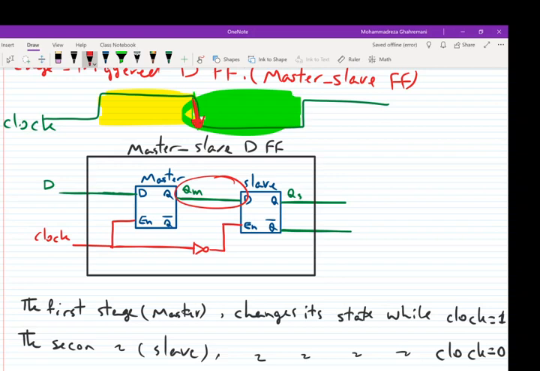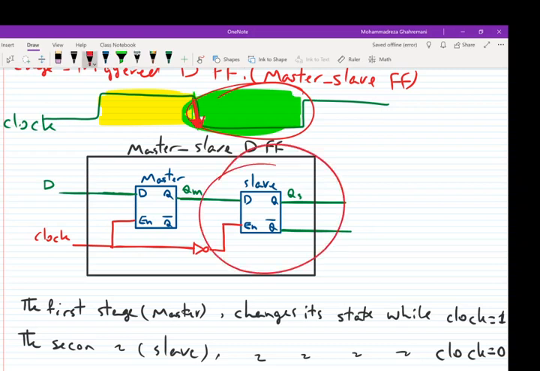Since QM does not change while the clock is 0, why does it not change? Because while the clock is 0, the master is off. So we can say that the slave stage can undergo at most one change of state during a clock cycle.